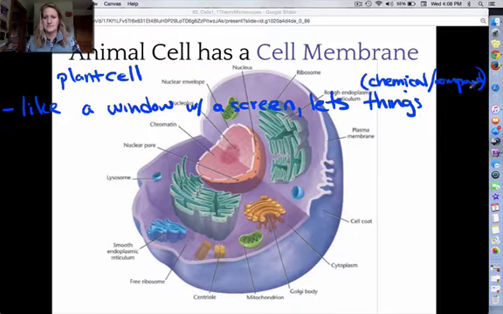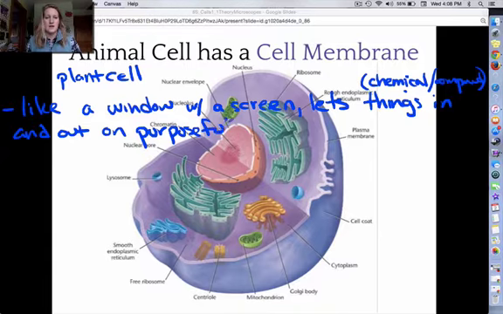Really, everything is a chemical, so that's why I feel very comfortable saying chemicals. It lets things in and out on purpose. Okay, so it's a very purposeful membrane.